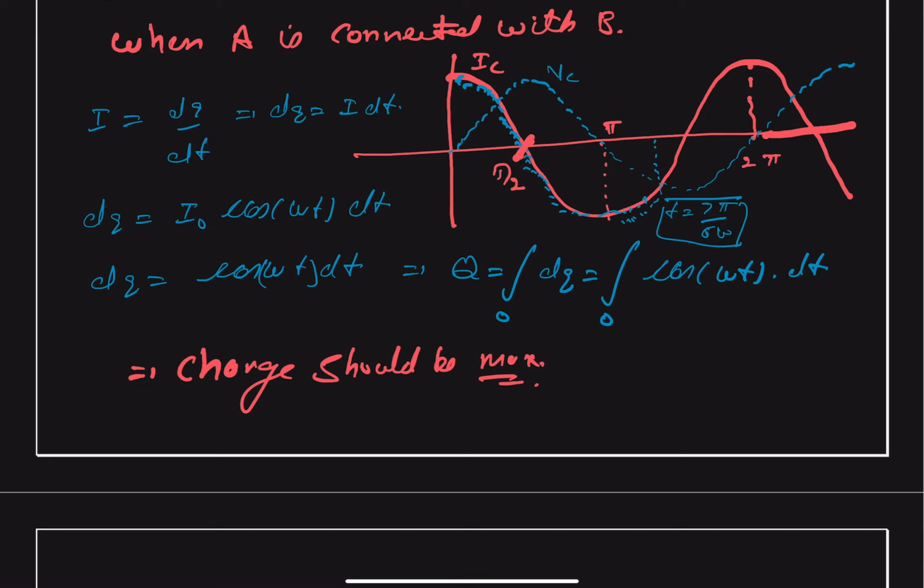From 0 to pi by 2, the current is continuously positive, and after pi by 2 the current changes its direction.